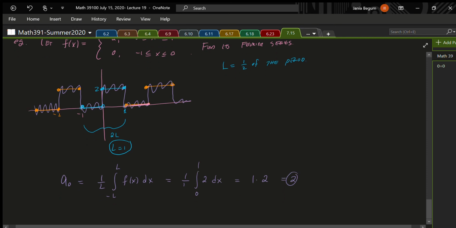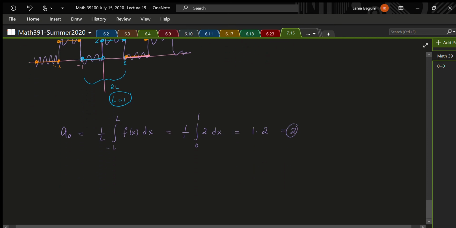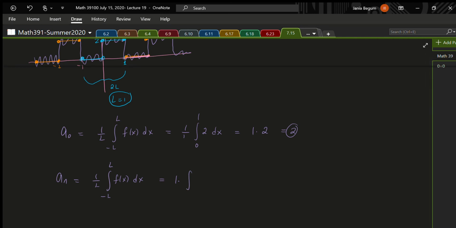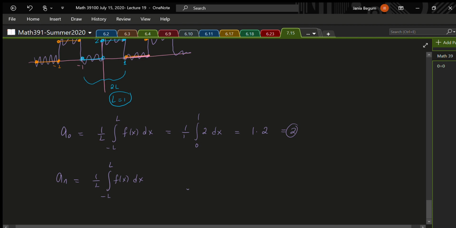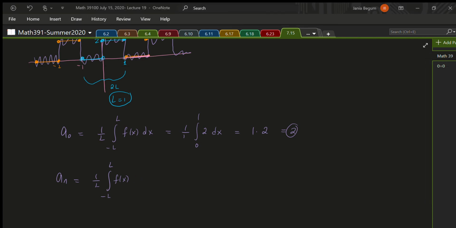Now let's compute the other coefficients. What is an? An is 1 over L, integrate from -L to L, f of x times, oh, sorry. I think I just miswrote my definition. What do we have?